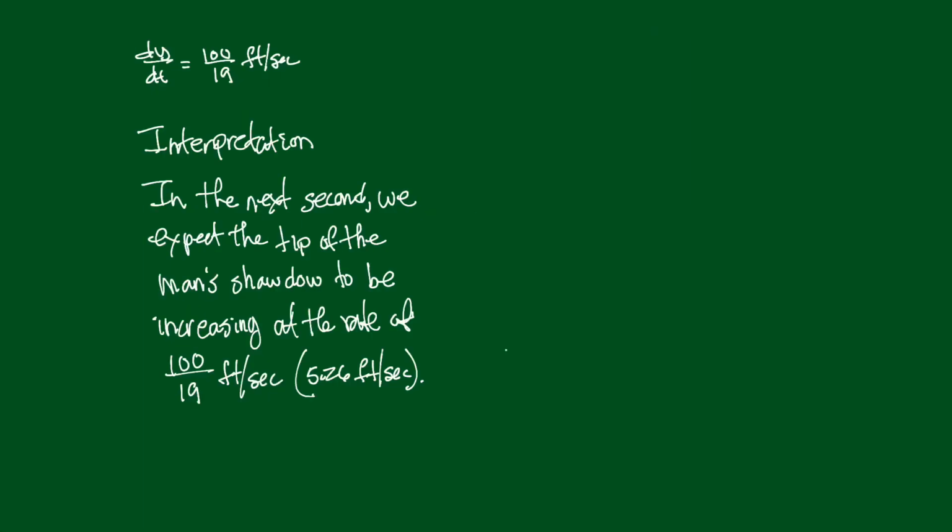So here's my interpretation for this. I'm going to say that in the next second, right, everything's in terms of second, so in the next second, we expect the tip of the man's shadow to be increasing. Now we'll talk about why it's increasing, and not just changing, but increasing at the rate of, let's say about 5.26 feet per second. So two things. Why is it increasing?